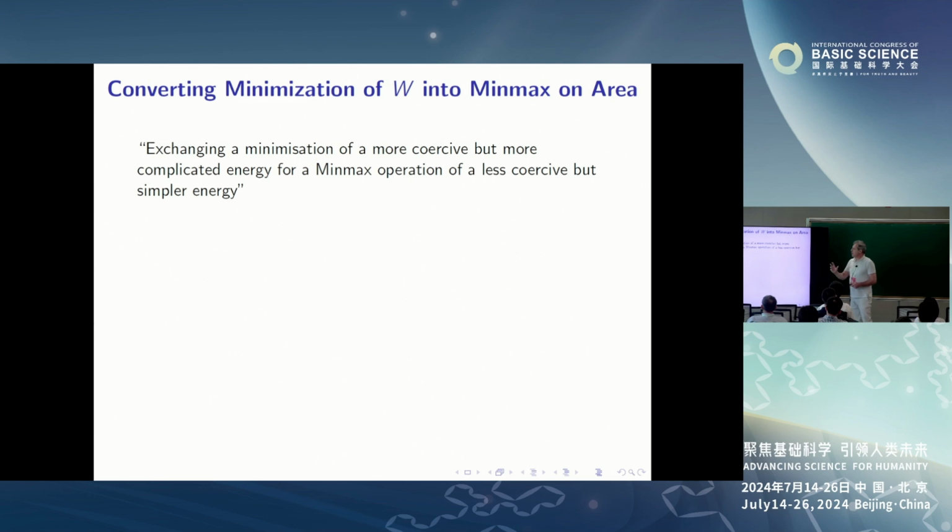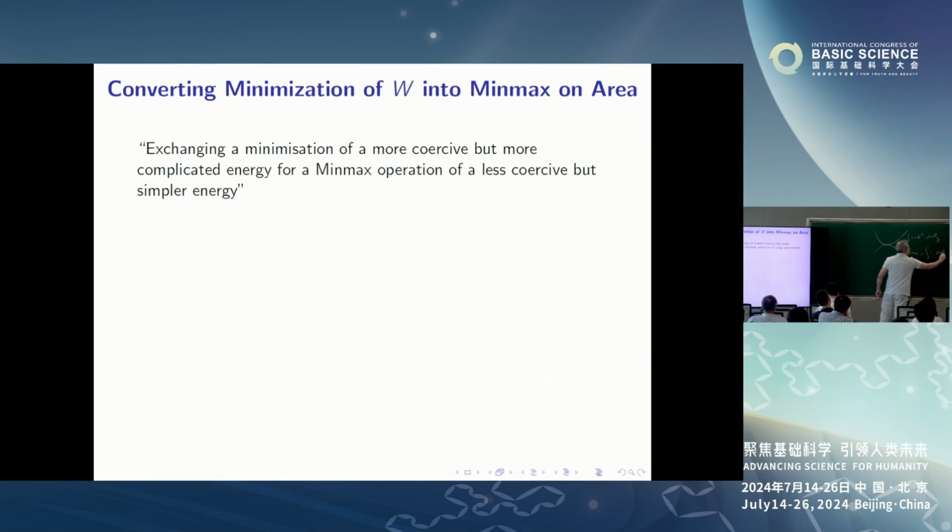So you are going to exchange a minimization procedure of a slightly more complicated energy with a min-max operation of a less coercive energy. So instead of minimizing the integral of 1 plus H squared, you are going to do some kind of min-max for the area. So what is the relation between the two? The area is just the integral of 1 with respect to your volume.